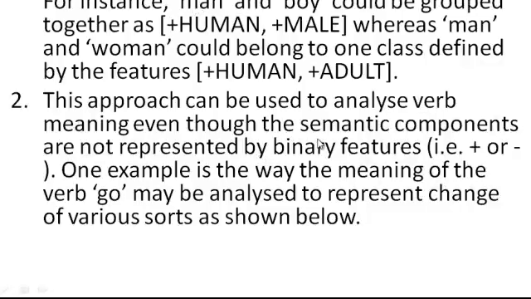So even though the verbs may not be represented by the plus and minus features for representing the basic components, one example is the way the meaning of the verb go may be analyzed to represent change of various sorts. We're going to see this in the next slide.